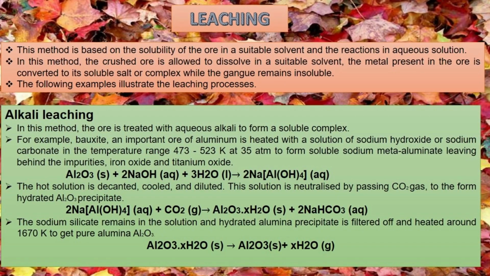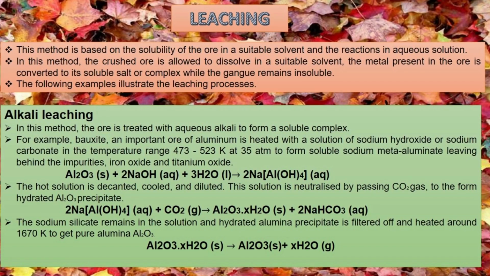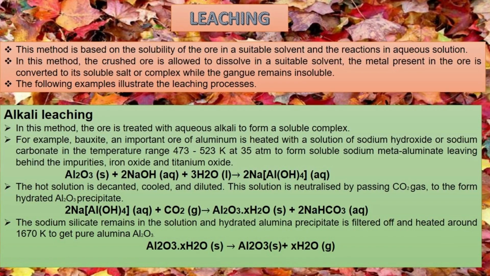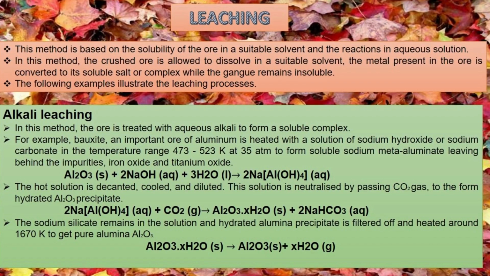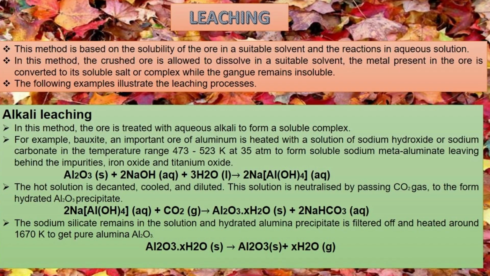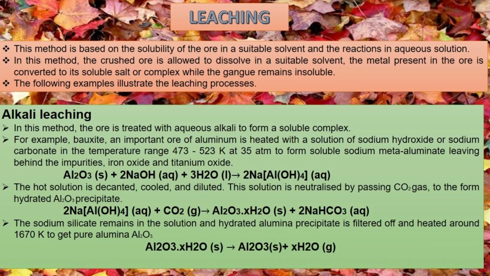In alkali leaching, bauxite ore, that is the ore of aluminium, is treated with sodium hydroxide at 473 to 523 Kelvin and at around 35 atmospheric pressure.